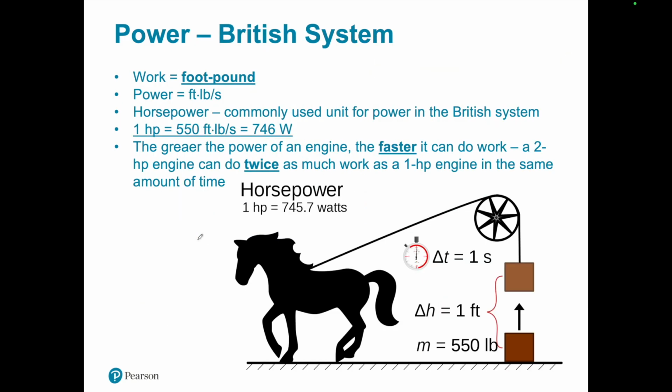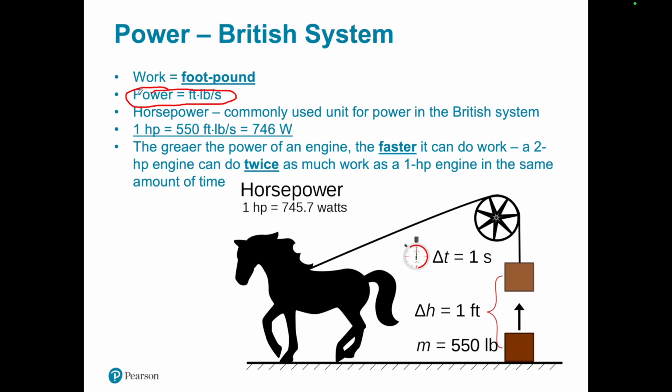So the British system actually uses a different unit called the foot-pound, which we talked about earlier, not to be confused with the torque foot-pound, but the British system work foot-pound, right? But the interesting thing about that is power is actually equal to foot-pounds per second.